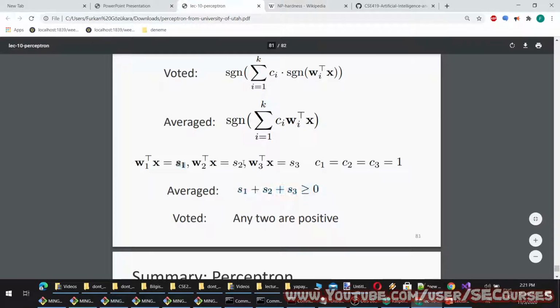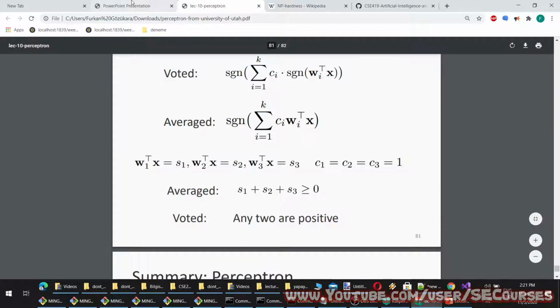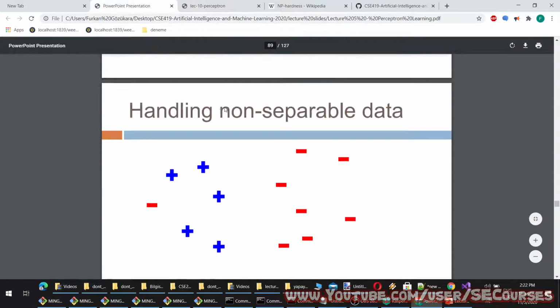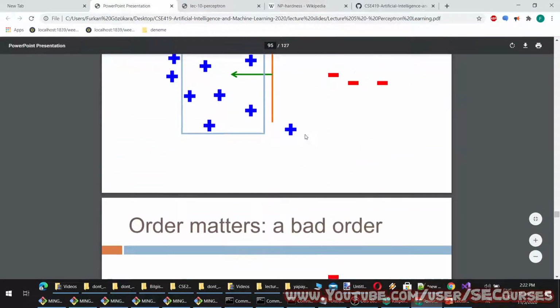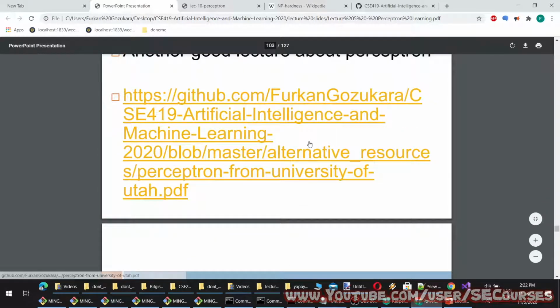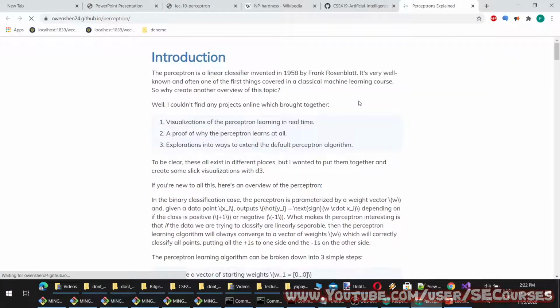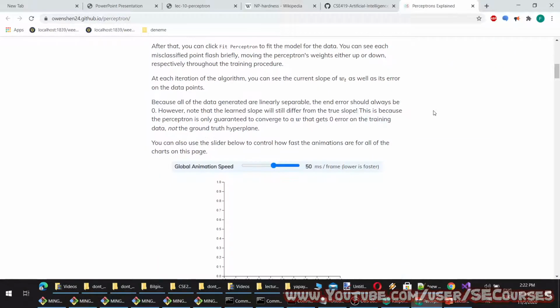Okay, so averaged, it is like this. You see, they get averaged and voted on. So I will show you an actual example of the perceptron algorithm in the next course. Also, I have found a good visual example of the perceptron algorithm.